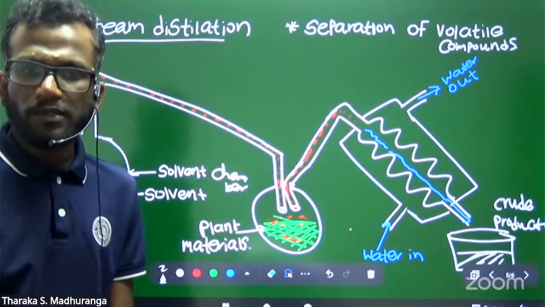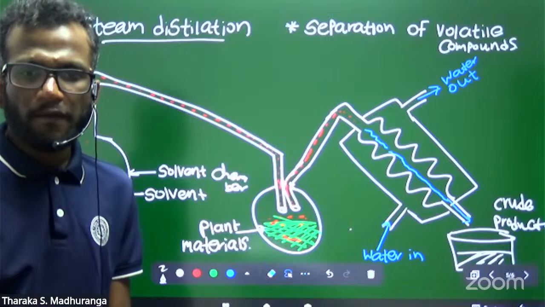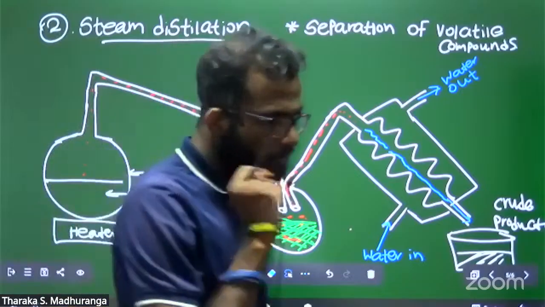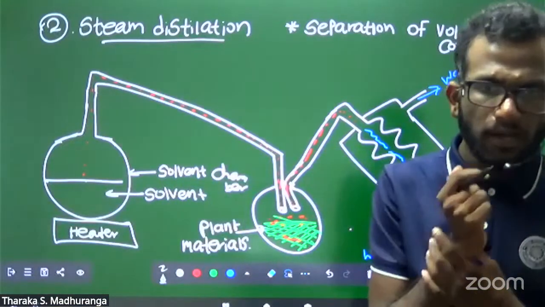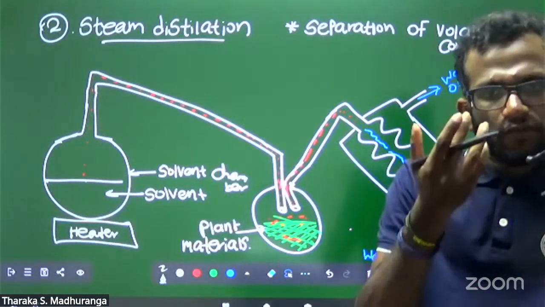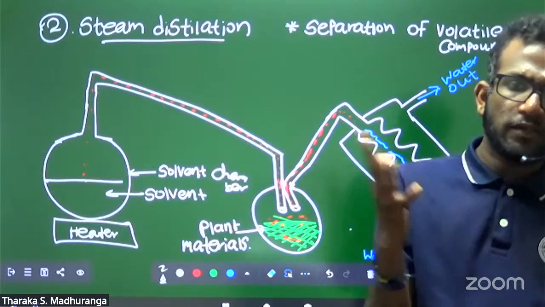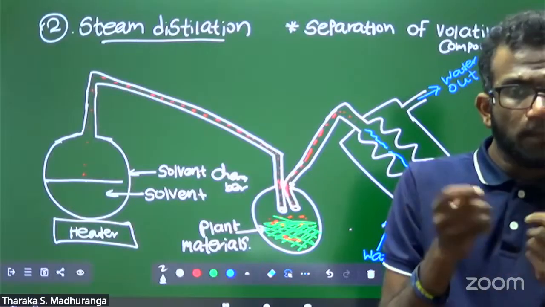Is it possible? I told you in solvent extraction, volatile compounds we can't separate. Why? While heating the solvent, the volatile compound vaporizes.